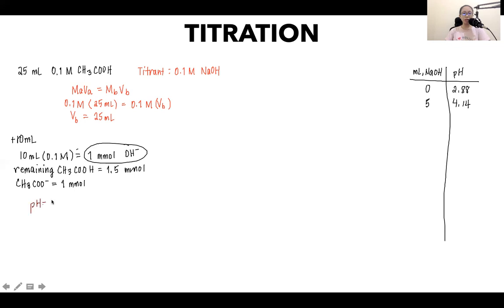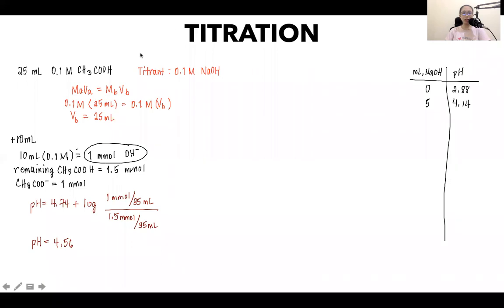So we have pH equals 4.74 plus logarithm of 1 millimole divided by 10 plus 25. So that's 35 ml over 1.5 millimole divided by 35 ml. So the pH that you will get is 4.56.